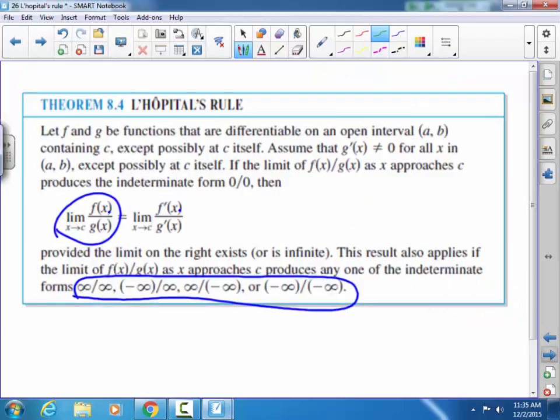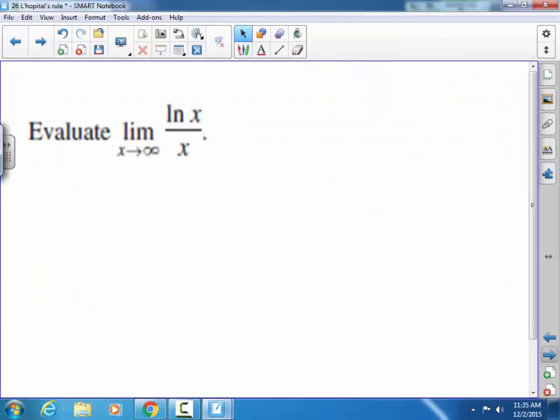So let's take this new information and see what you can do with solving that problem there. First of all, plug in. Now, plugging in infinity is kind of hard. I understand that. But if you plug infinity in, I think you get infinity over infinity.